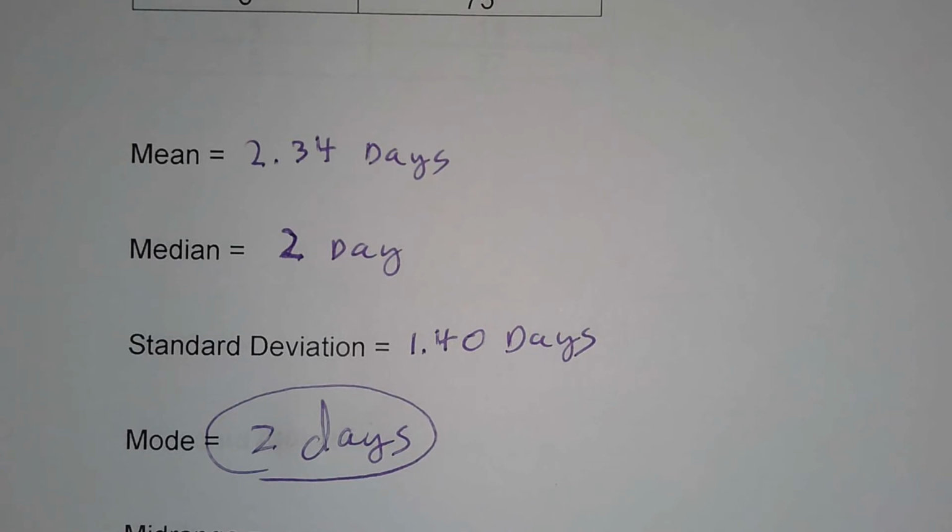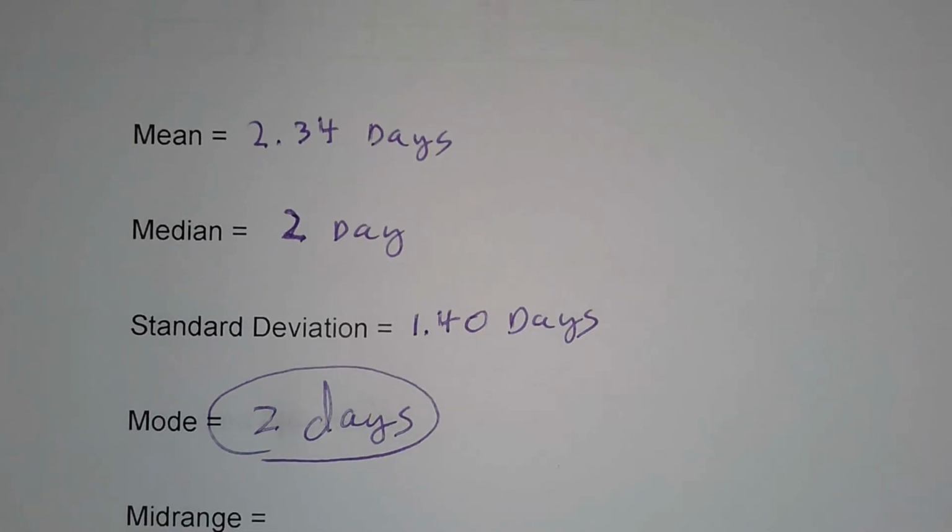Our mid-range is we're going to take the largest data value plus the smallest and divide by 2. So if we look at our data, again, we got to look at the data. The largest data value is 5 days. The smallest one is 0. So the largest data value is 5.